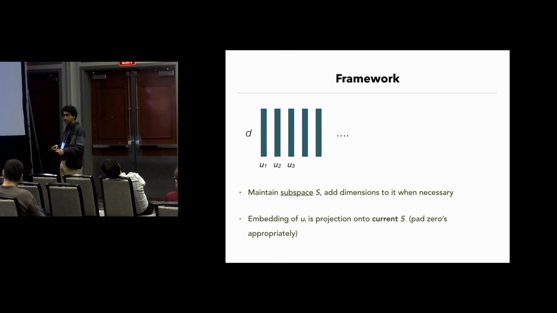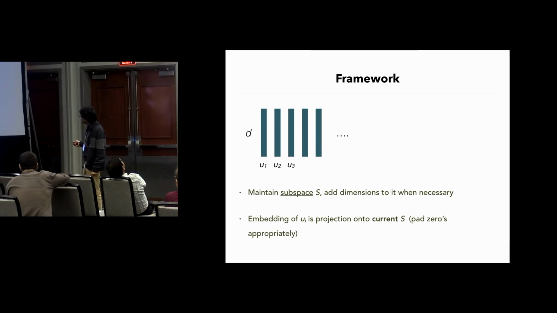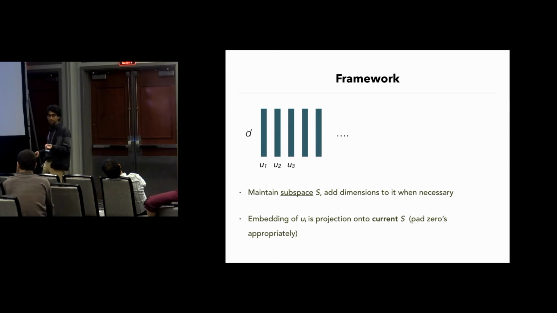The rough algorithm will be very similar to Myerson's. It will maintain some subspace S, and it will add dimensions one by one to this subspace when necessary. Remember that in the problem you've got to produce an embedding of a vector as you get it. The embedding will just be the projection onto the current subspace that you have.